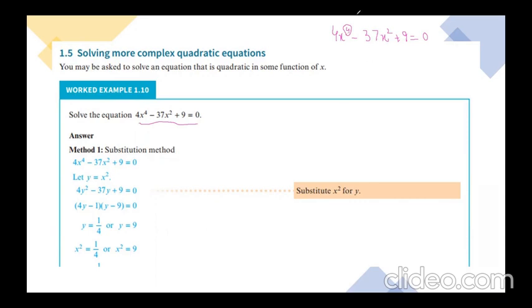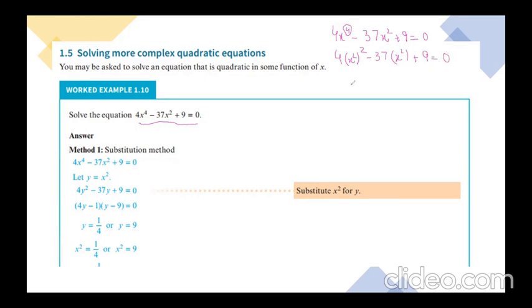So first, to replace this, how to replace it? For example, if I am taking 4x square square minus 37x square plus 9 equals to 0.